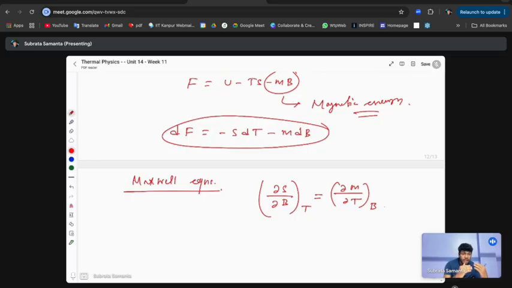You see how the entropy changes with the magnetic field B is equal to how M changes with T. It is easy to measure experimentally how the magnetization changes with temperature, and that is related to how the entropy changes with the magnetic field at constant temperature. So see again the power of the Maxwell equations.